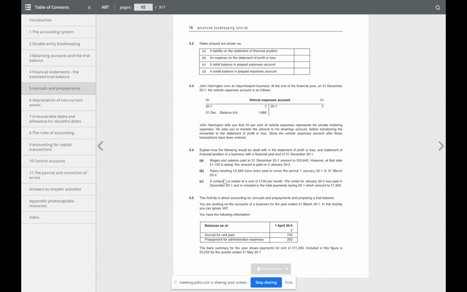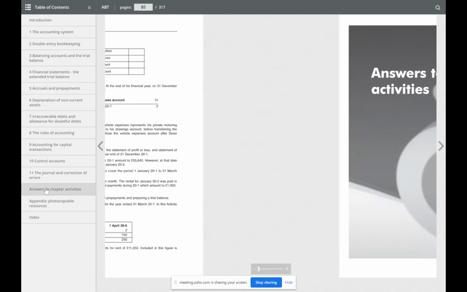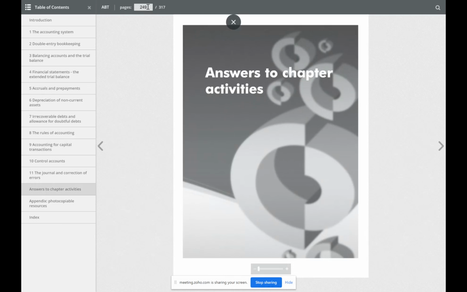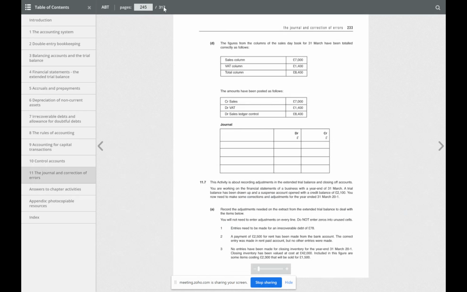So we look into the answer. This is what has been said. If you have the book, you can see the answer on page number 245. Answers are here.